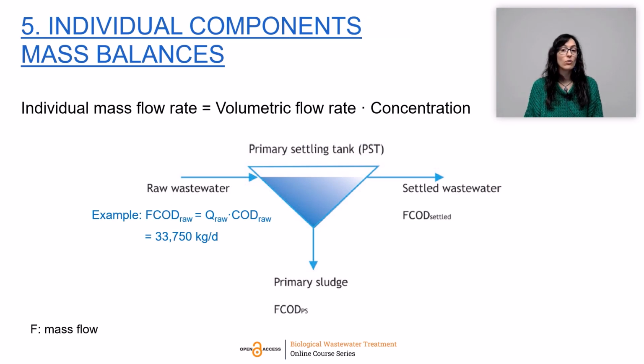Now we can calculate the individual components' mass balances. And to do this, we have to estimate the mass flow rate as the product of the volumetric flow rate and the concentration of each component. For example, in this slide, you can see how the COD mass flow rate is calculated. And for this, we just multiply the incoming flow by the COD concentration.